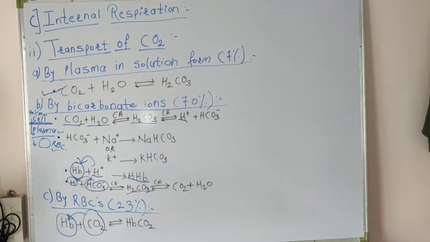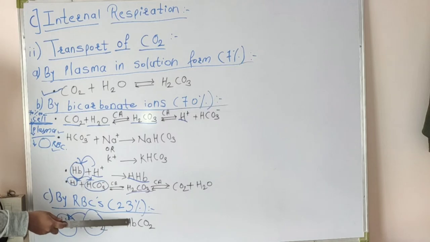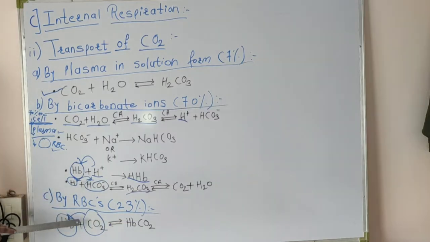That means in the hemoglobin, amino groups are present, and to these groups the carbon dioxide binds and forms carbamino hemoglobin. These molecules bind at the place where the partial pressure of carbon dioxide is high, and where it is lower, they release the carbon dioxide.